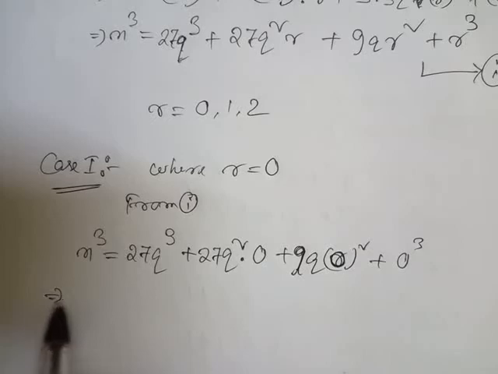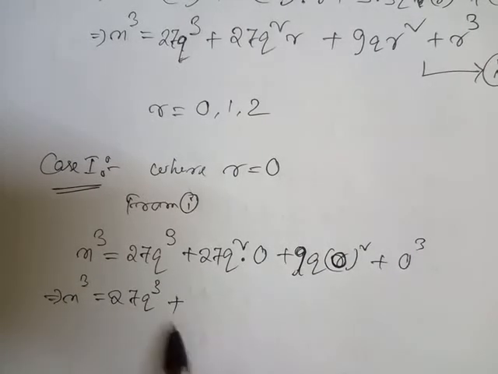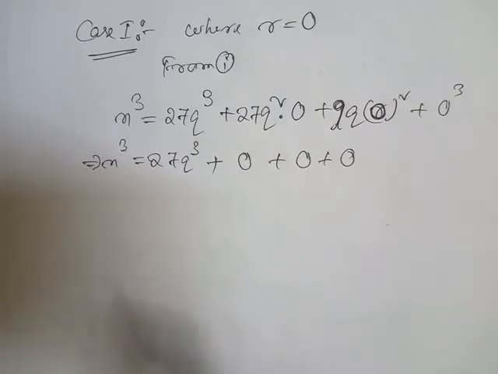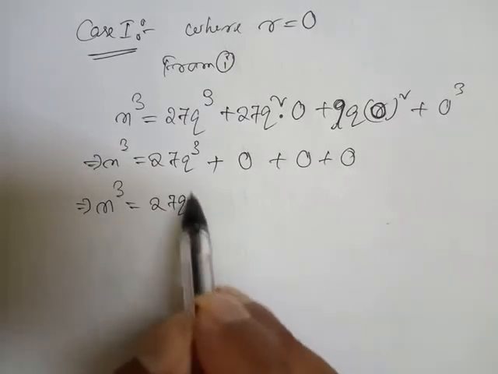So n cube equal to 27q cube, there is 0 plus 0 plus 0. Next, n cube equal to 27q cube.